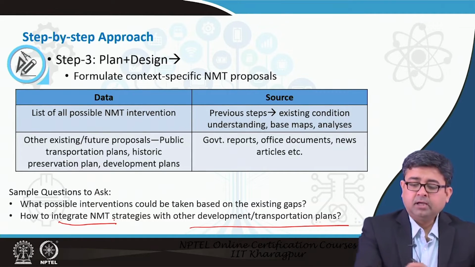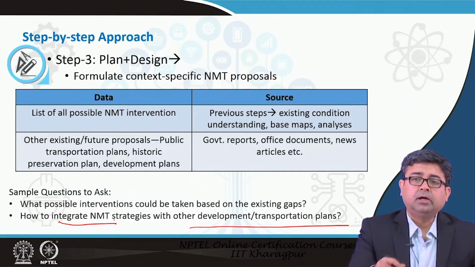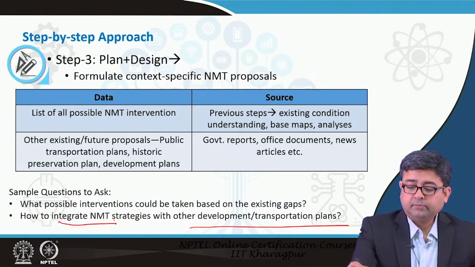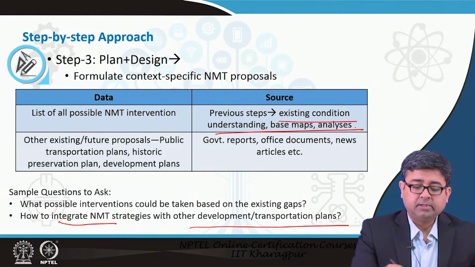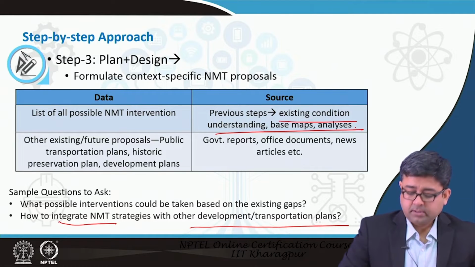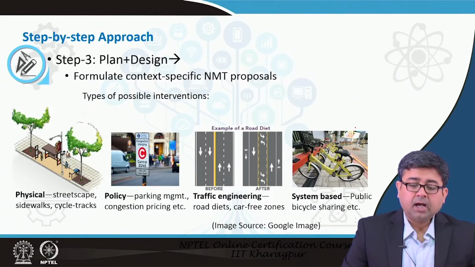Again, you will need a lot of data in order to develop your priorities. We have shown you the different sources from which you can get the data: government reports, existing conditions, and so on and so forth. So, what are some of these specific context sensitive solutions?